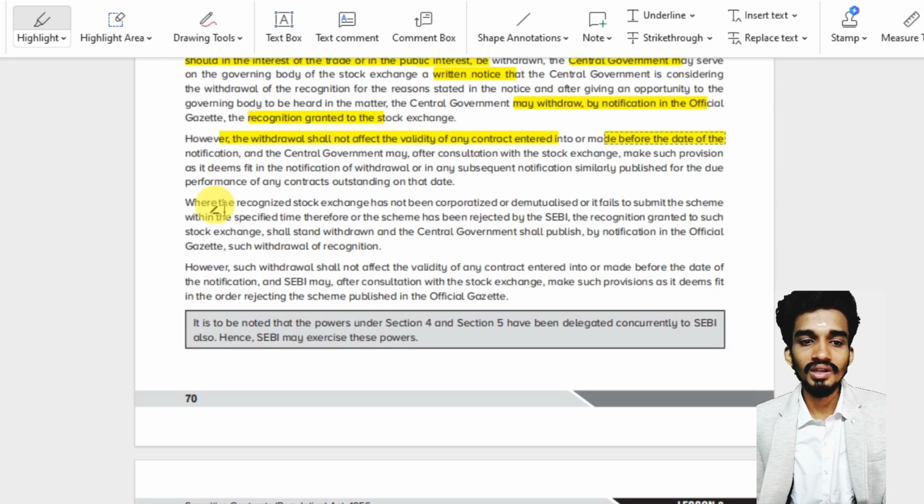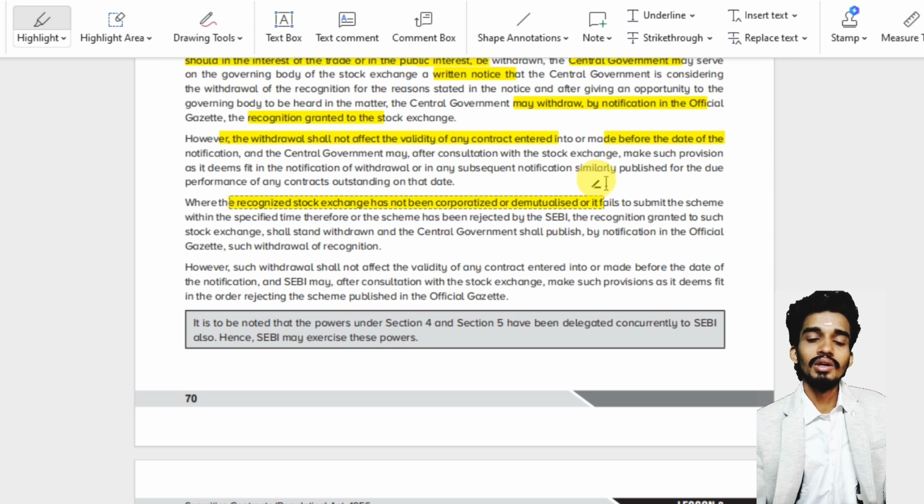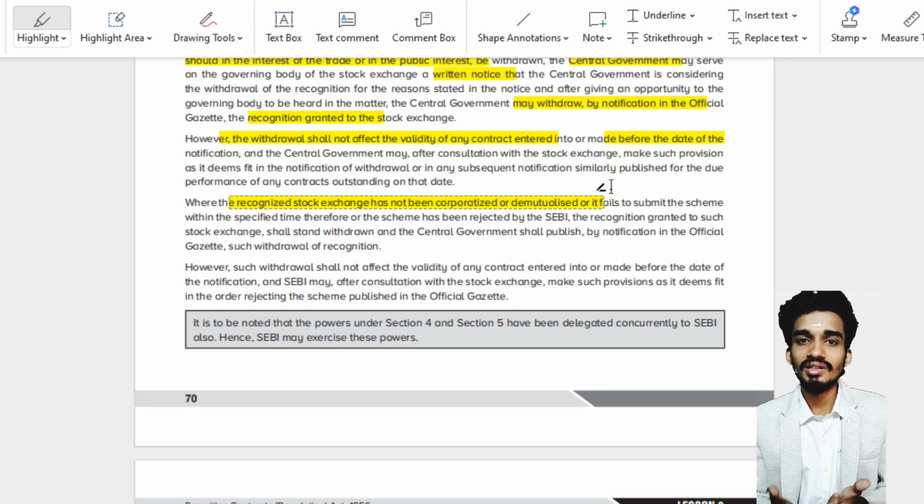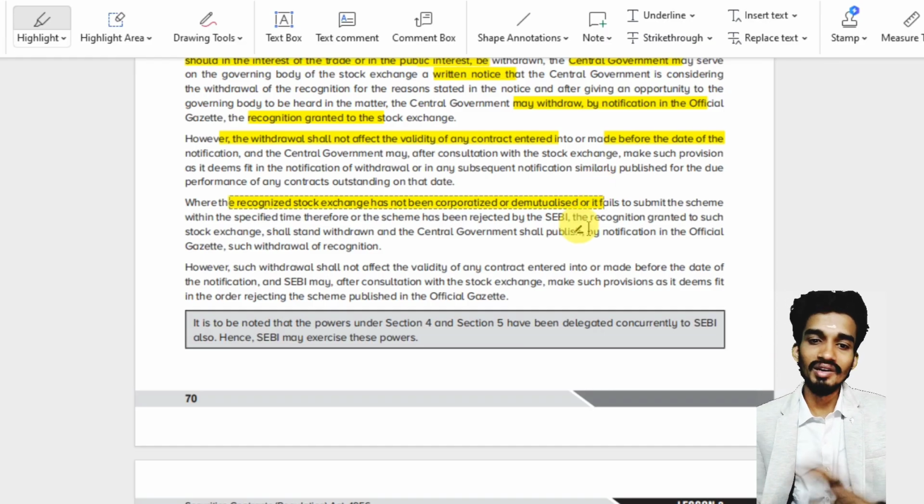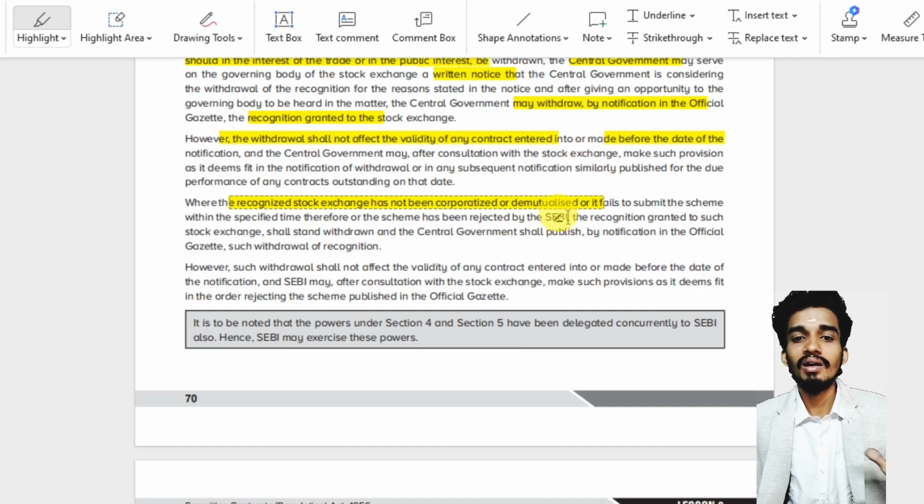Here they say, where the recognized stock exchange has not been corporatized or demutualized, even now there may be some possibilities, but if there is any stock exchange that has not been corporatized or demutualized, then the central government may reject, because every stock exchange now has to be corporatized and demutualized.